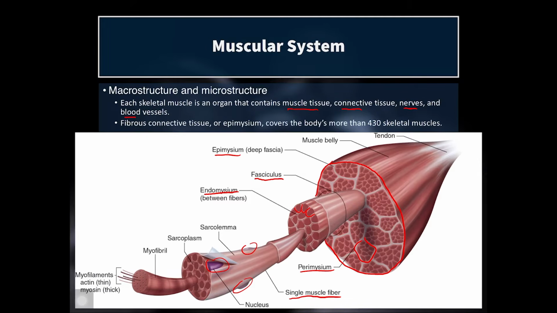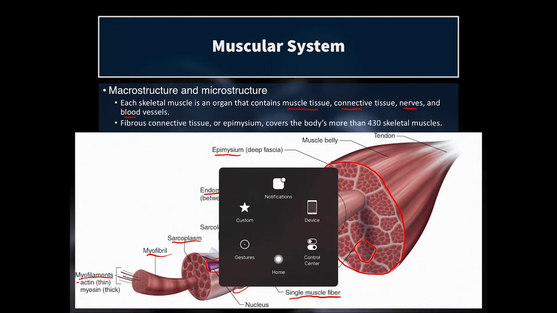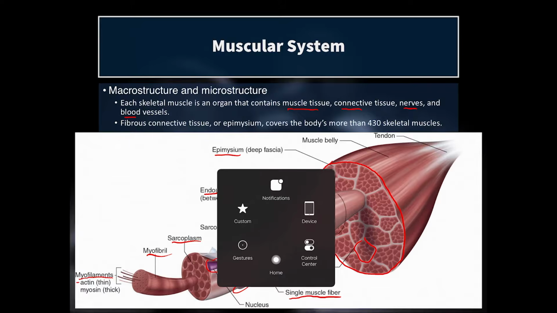So we see that inside of the single muscle cell, we have sarcoplasm, which is analogous to cytoplasm of a cell. And we have these myofibrils. These are the contractile strands within the cell that are themselves composed of myofilaments. And the two myofilaments are actin and myosin.